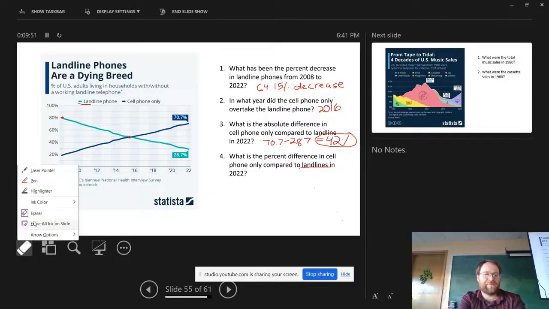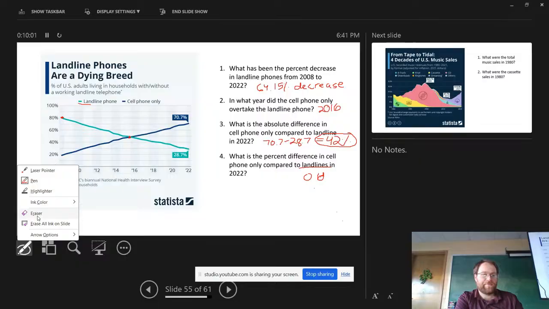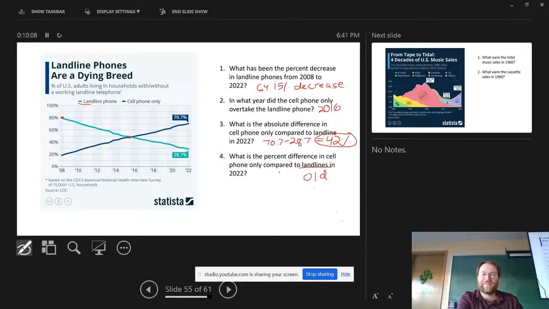So then that means cell phones would be considered new. One of these days, I'm going to be able to actually spell old on this. So cell phone in 2022 is 70.7.